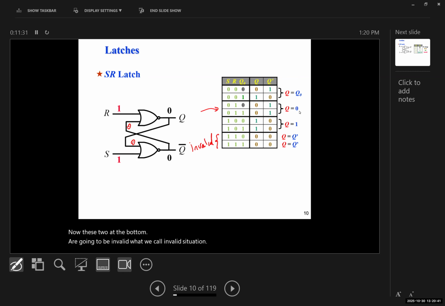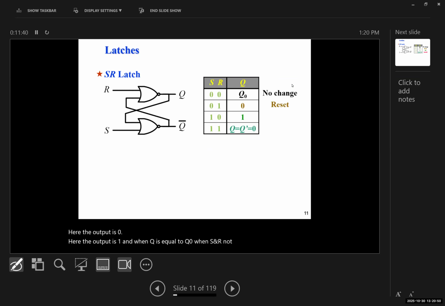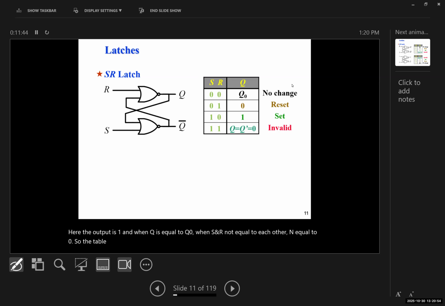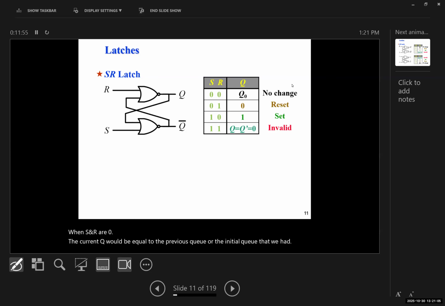Here, the output is 0. Here, the output is 1. And Q is equal to Q0 when S and R are equal to each other and equal to 0. So the table for an SR latch is going to look like this. When S and R are 0, the current Q would be equal to the previous Q, or the initial Q that we had. When S is 0 and R is 1, we have reset, and therefore Q is 0.